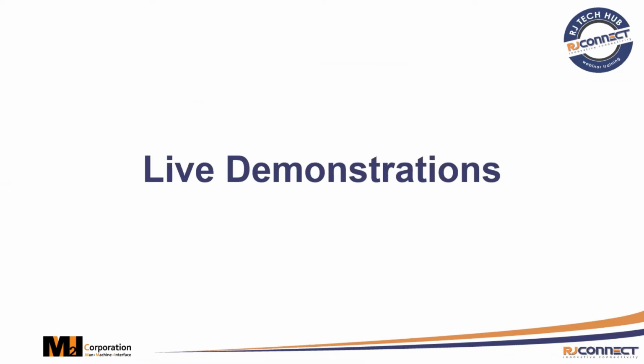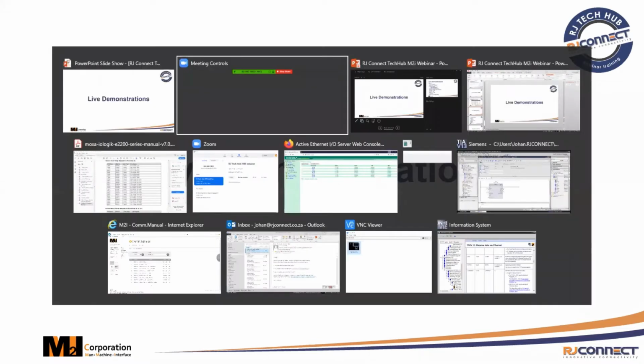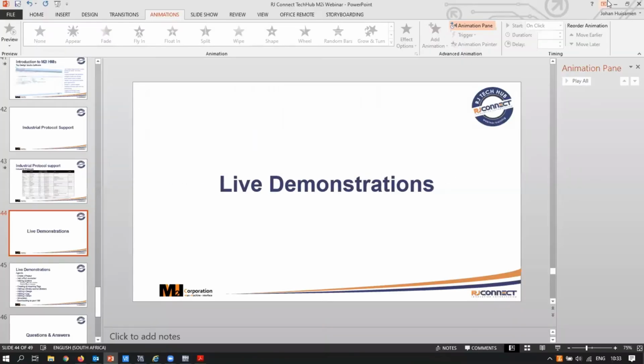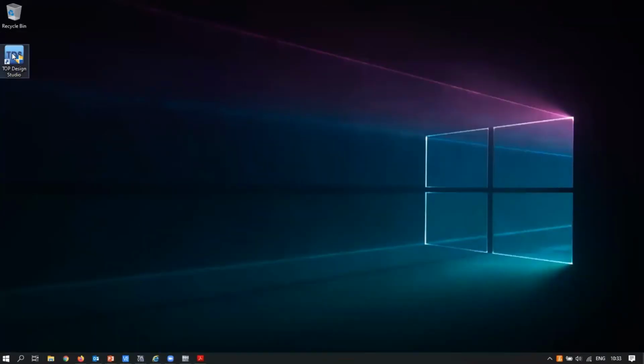I'm going to be connecting to a Modbus device, but I'll quickly show you how to connect to a Siemens device as well. So let's start off by going to my desktop first. Just going to minimize that.